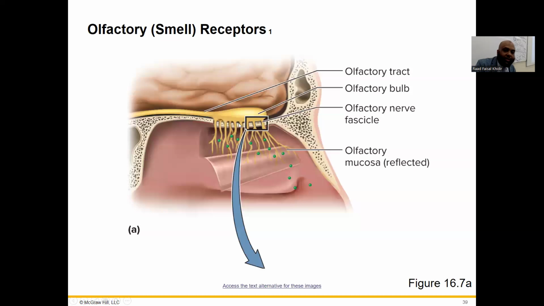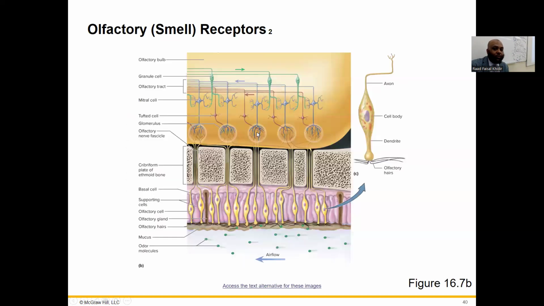Here is the cribriform plate, and that is your respiratory mucosa. And the same way we internalize food substances inside the taste bud, we also internalize those odorants and bring them into vesicles that are later going to be deciphered in the brain. So that's the pathway here.